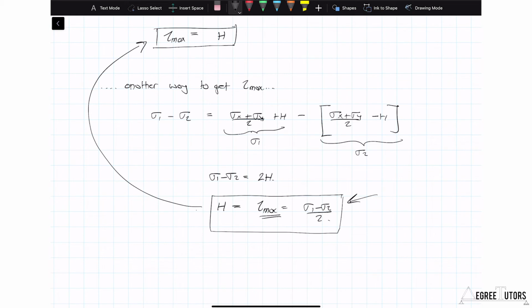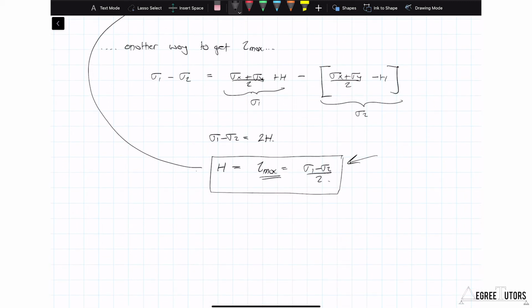And if you know the angles of your principal planes, you can just offset by 45 degrees, plus and minus, and you get the angles that these maximum shear stresses occur on. That's a really handy little result. So this is the maximum positive shear stress, and the maximum negative shear stress is just the negative of that value.